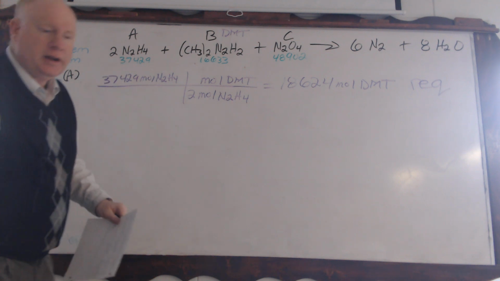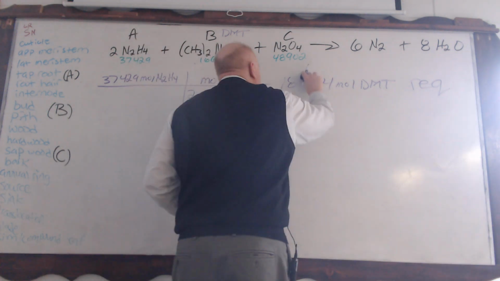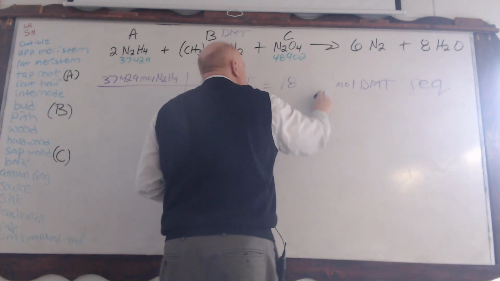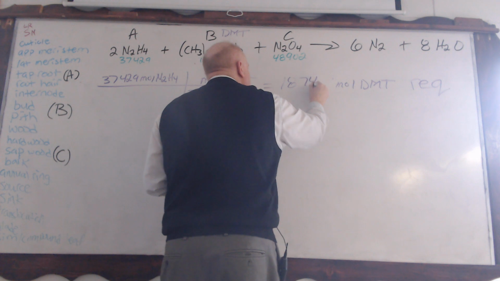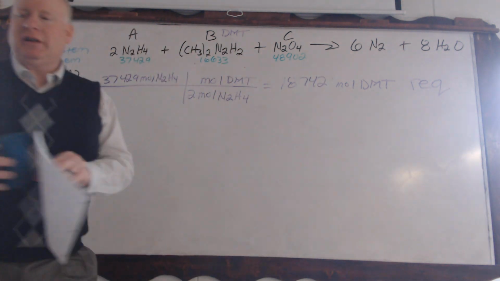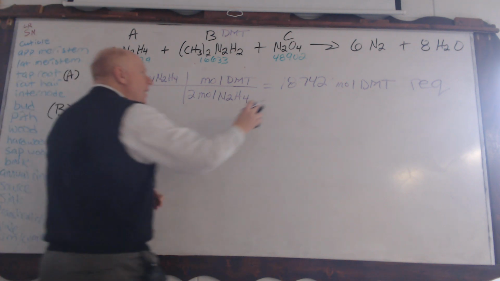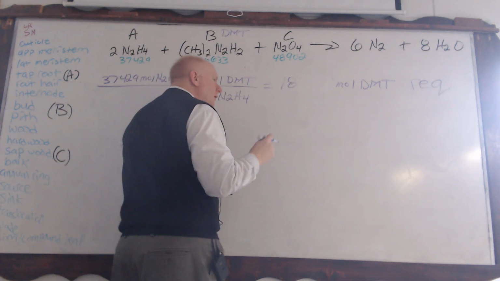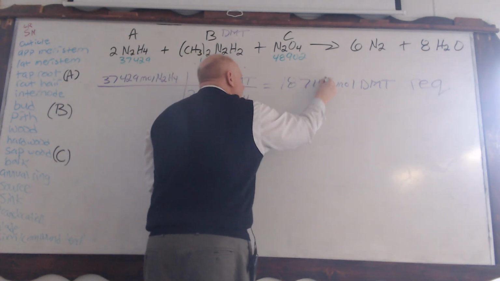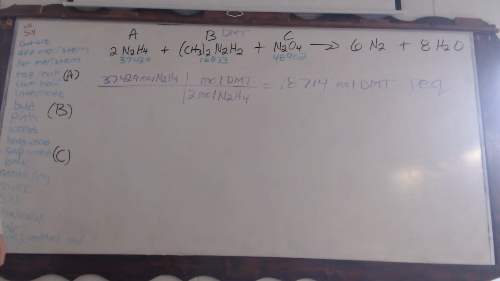Oh, 18,000 what? 7. Okay. Do we still have enough? 714. Like 1. Yes. Okay. Well, I'm sorry. We're not 18,000. 714. Okay. Yes, we still have enough. Yes, we still have plenty.